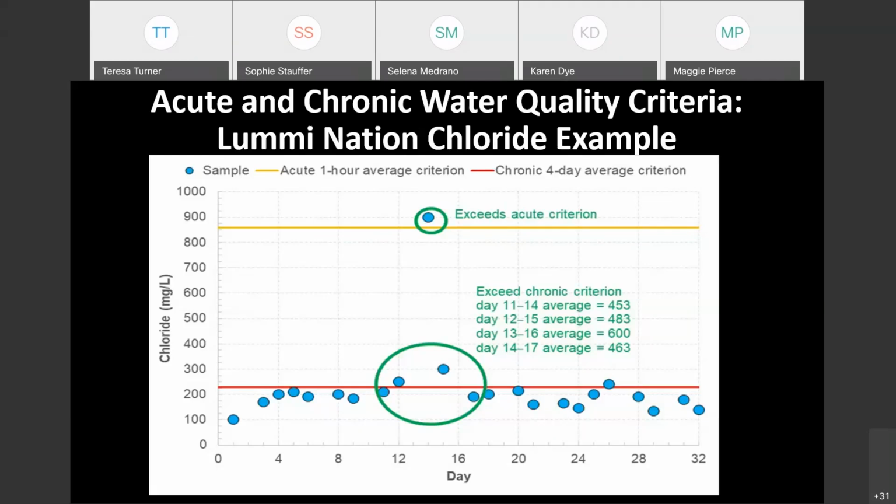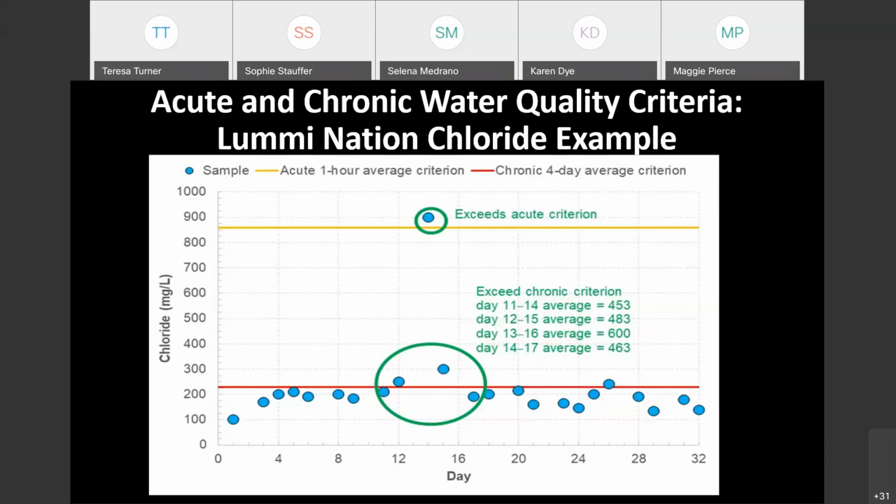The chronic value, on the other hand, is a 4-day average. And we do have these pretty frequent data, so we can actually calculate some 4-day averages. And this figure has really honed in on this kind of day 11 to day 17 time period, because that's where it appears like there's the most potential for an exceedance of the chronic criterion to occur.